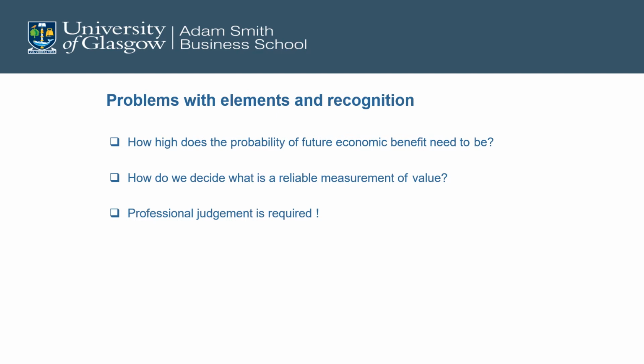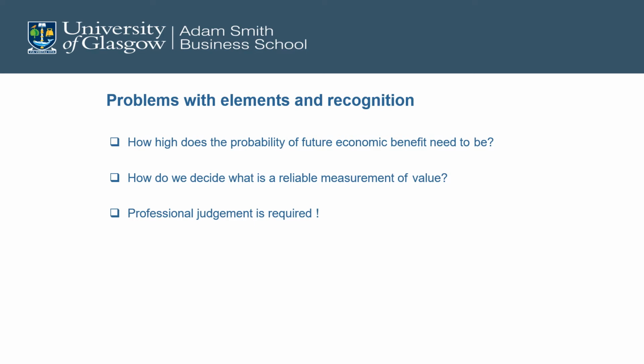If you find an asset that meets the definition of an asset, the next step is thinking, how probable is it that this would bring me some future economic benefit, and how high do you need to set that probability? Does it need to be over 50%? Over 80%? Or nearly 90% or 100%?